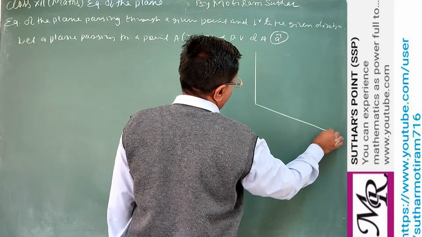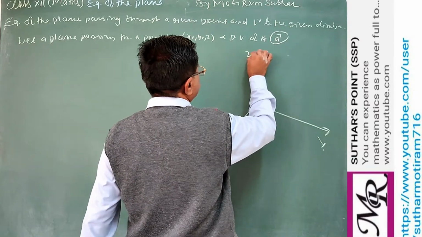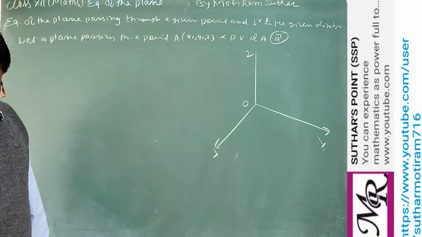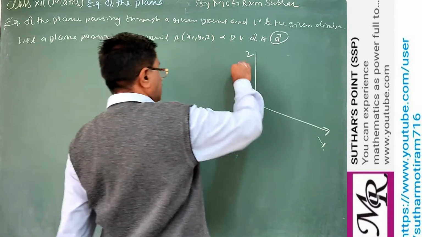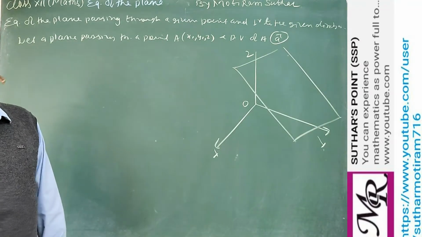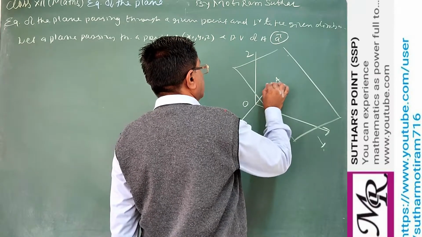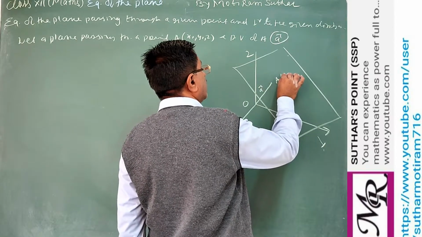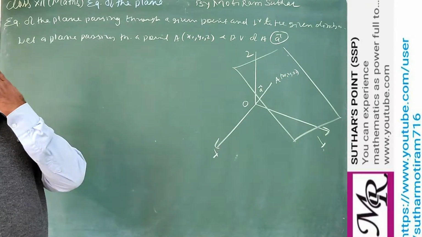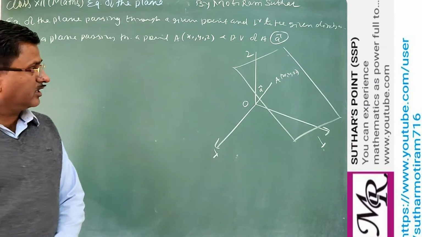So we draw the figure. This is the x-axis, y, z, origin. Now suppose this plane is given, on blackboard or paper, any plane you are drawing. This plane is passing through a point A. This is A, and its position vector a is given, or the coordinates x1, y1, z1 are given.